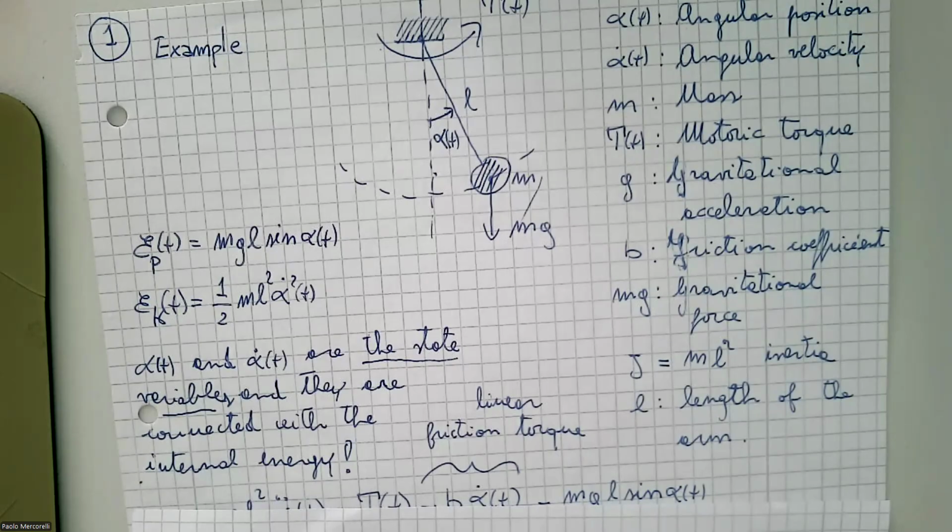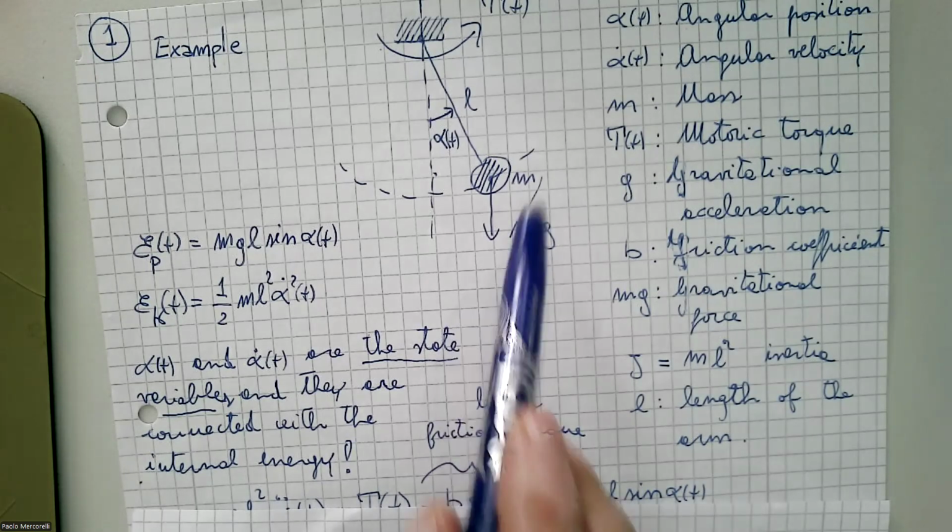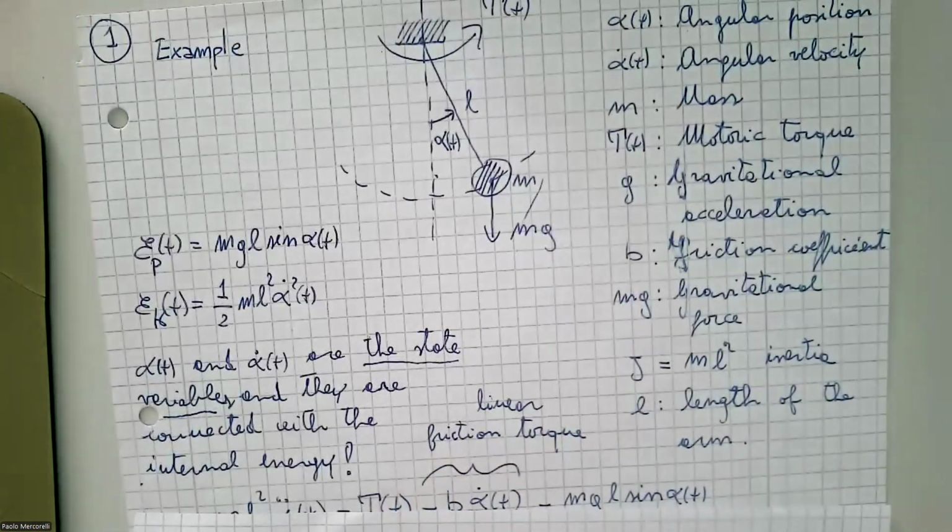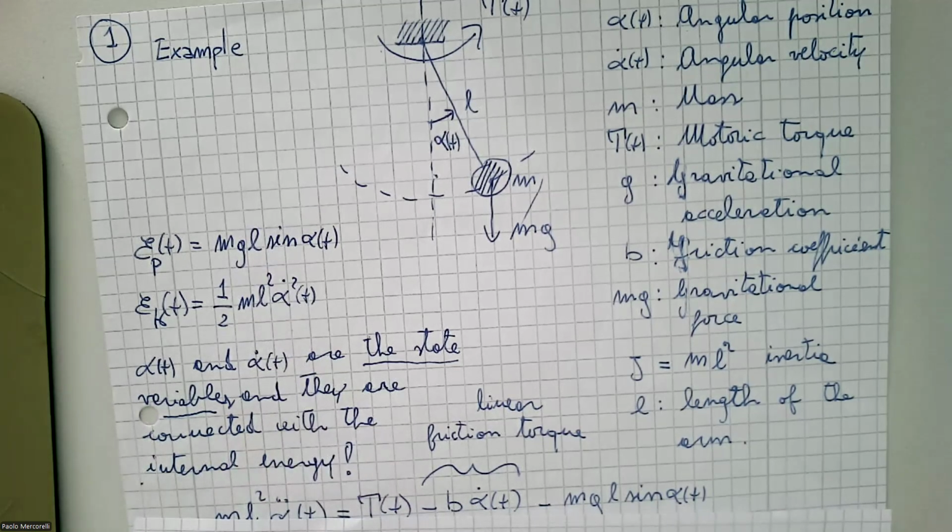Here we have two variables, again position and velocity, because we have just one moving mass. Rotational movement, but one moving mass. In the example before, we have two moving masses. Therefore, I consider position and velocity of each mass in order to describe the energy which plays a role in the system. Here, remain on this case.